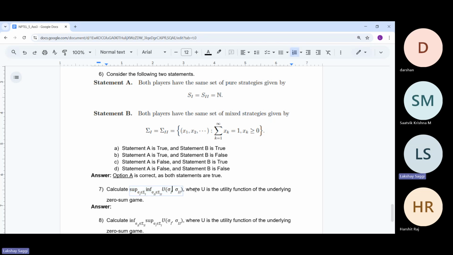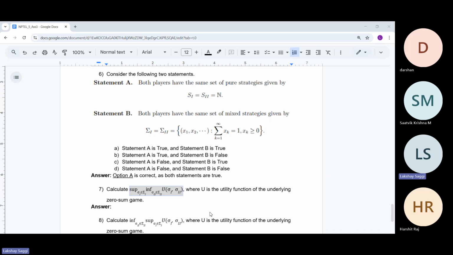But what do you guys think will be the answer here? The utility function is, as I said, that if one player wins, the player who wins gets 1 rupee, so he'll get +1. If he loses, it's -1 for him. So what will be the answer here, guys? Any idea?